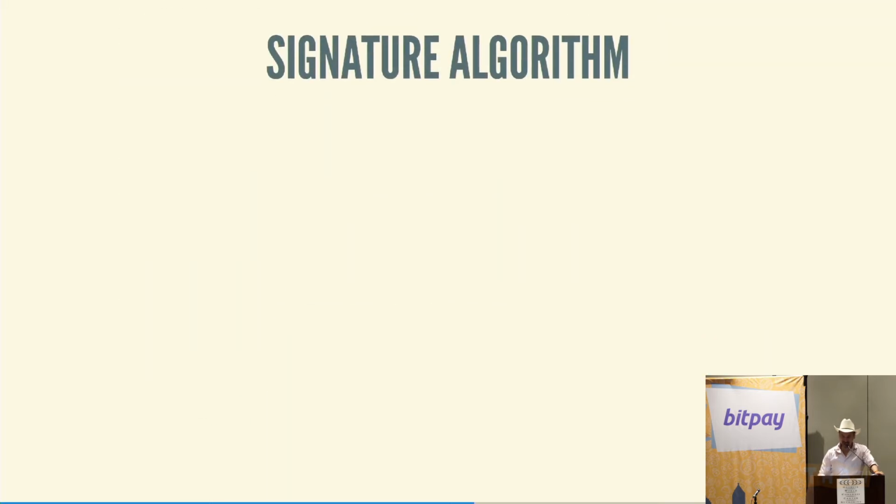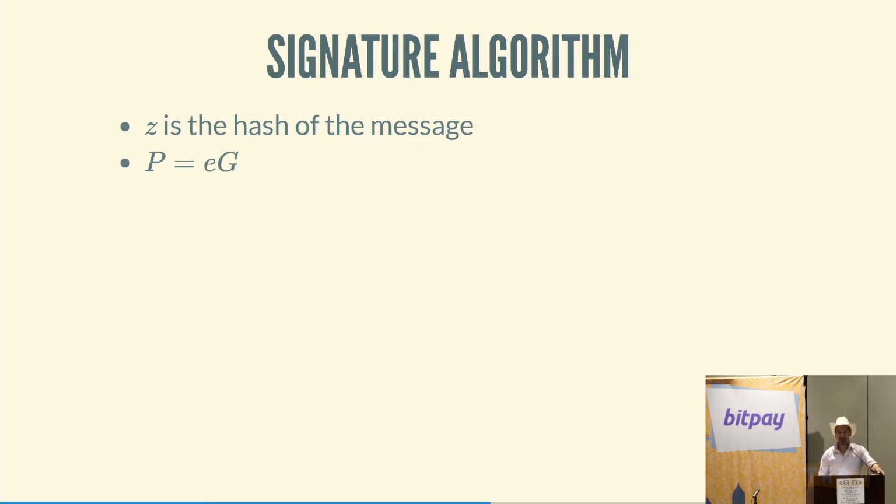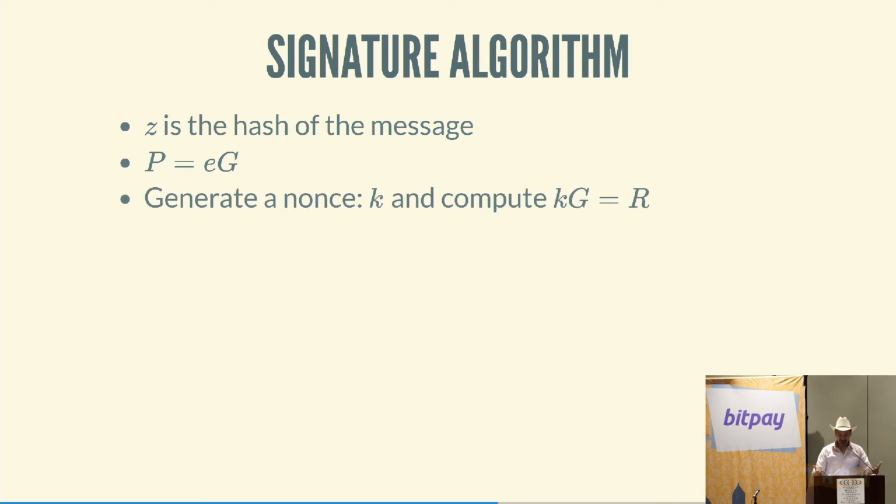The actual signature algorithm is very similar to ECDSA in that the Z is the hash of the message. We know the secret E, which has the public point P. You generate a nonce, and you can go look up BIP 340.